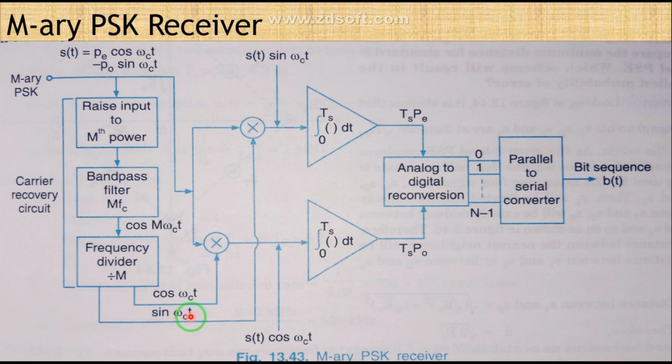Then these recovered carriers are applied to two multipliers, balanced modulators. See, cos omega c t is given to the second multiplier, and sin omega c t has been given to your first multiplier.